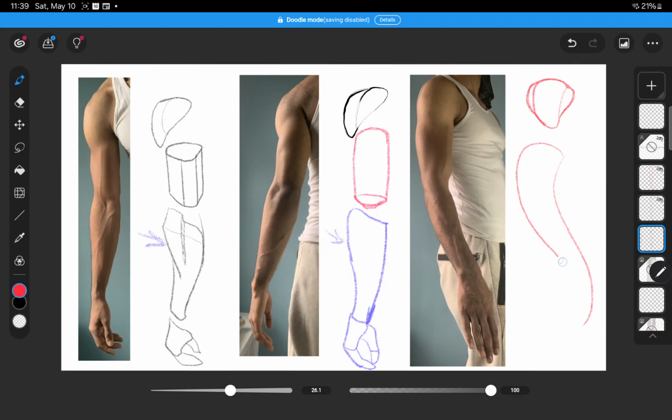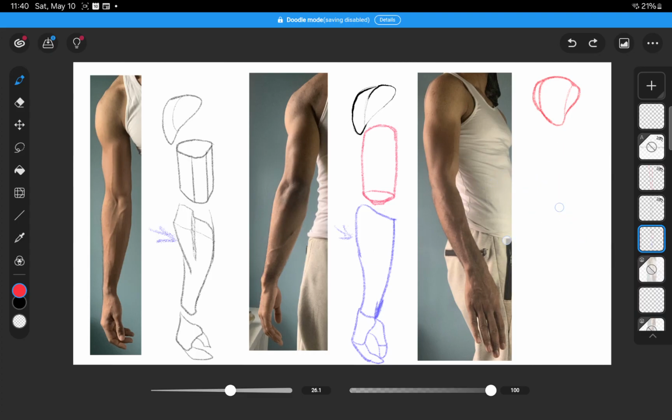You could actually simplify it to that, and that would be the hand. I don't actually draw like that, but this is what I'm thinking about when I do draw. And the forearm, and triceps and stuff. Okay.